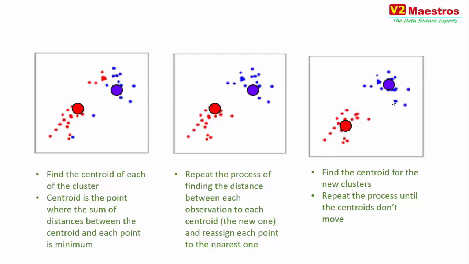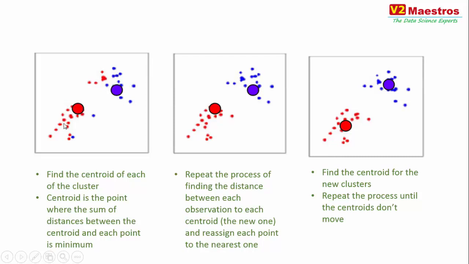So in effect, you're trying to find the true center of that particular group of points. When I find the true center of that set of points, I end up here, the new centroid. So the centroids have actually moved from their original location to the new location.